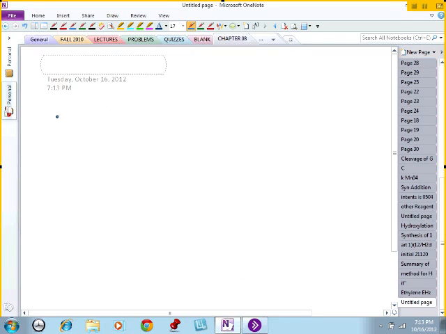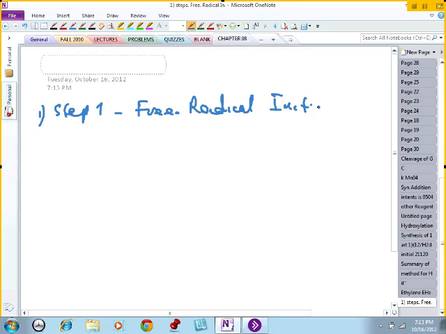For this to happen, you start with what we call a free radical initiator, in this case, which is step 1. We could take any peroxide. Say for example, we could take your hydrogen peroxide.